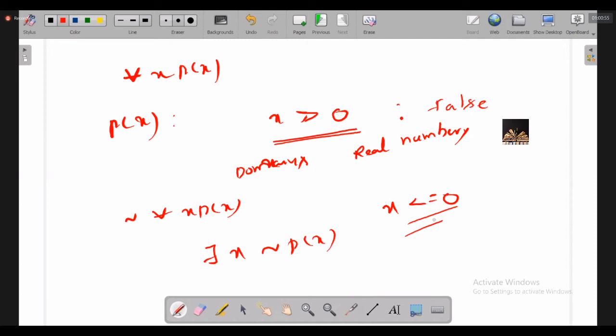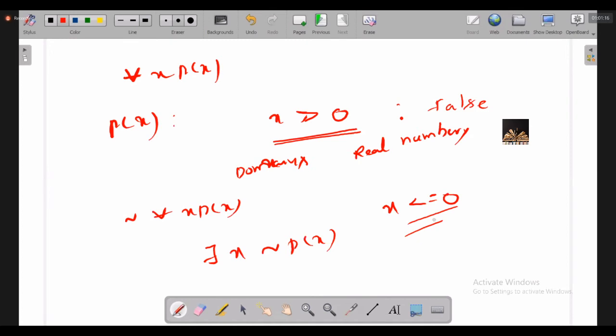Are you correct or not? Negation of p of x means the complement of the above statement: the complement of x greater than 0 is the reverse, x less than or equal to 0.